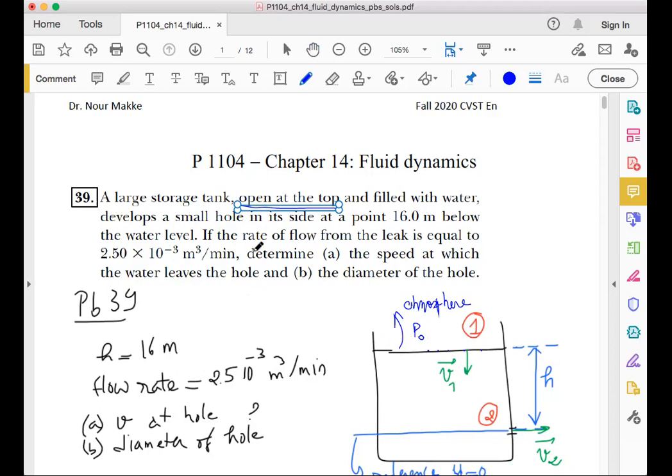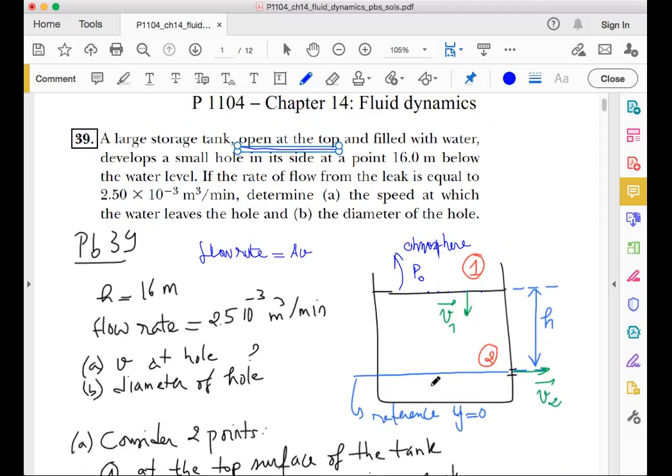And then, the rate of flow from the leak is equal to this value. The rate of flow, or in general the flow rate, is nothing else than the product of the cross-sectional area multiplied by the speed. So the flow rate at the hole, from the leak, is equal to A2 multiplied by V2.